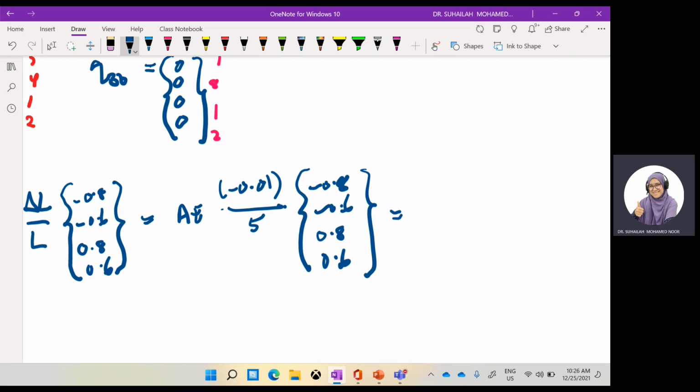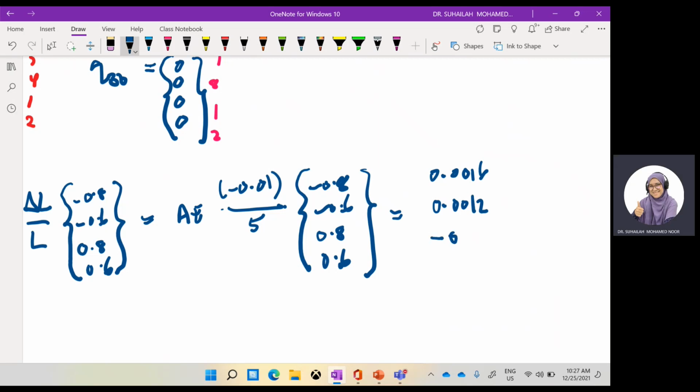So we get 0.0016. Okay. It is 0.01 divided by 5 times 0.6. It is 0.0012, because it is negative.